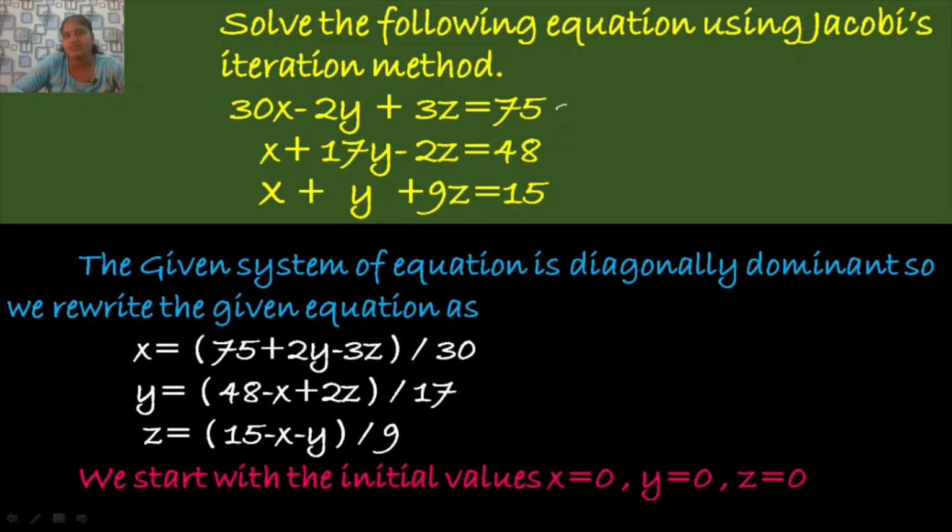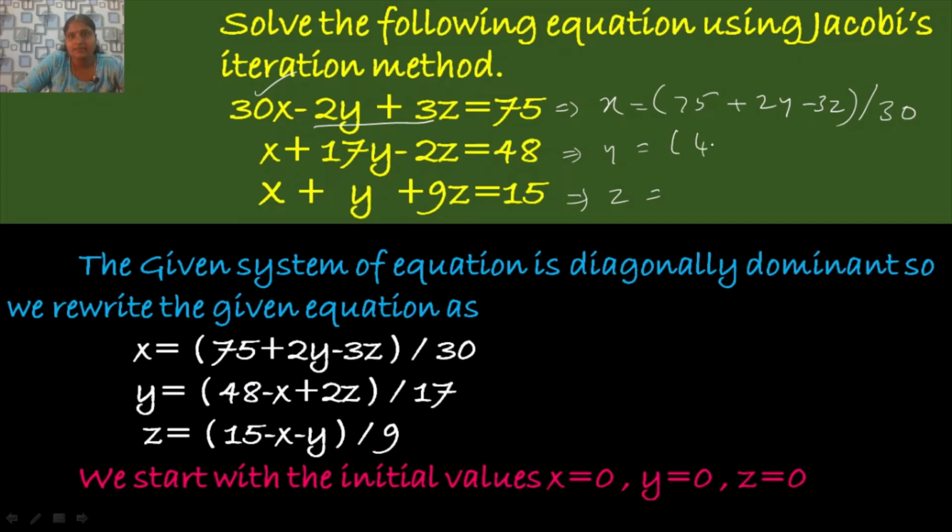So from the first equation we have to write x, from the second equation we write y, and from the third equation we write z. From the first equation we have 30x = 75, so take the other terms to the other side, you have plus 2y minus 3z, over the coefficient of x, which is 30. So this is for x. For y, take these two terms to the other side: 48 minus x plus 2z, over the coefficient of y, which is 17.